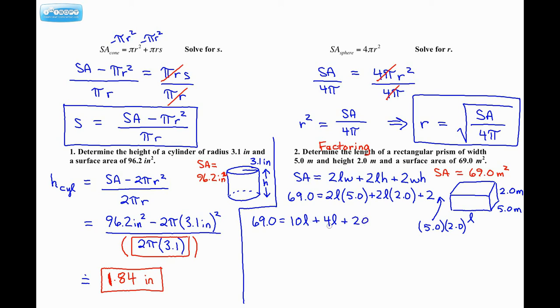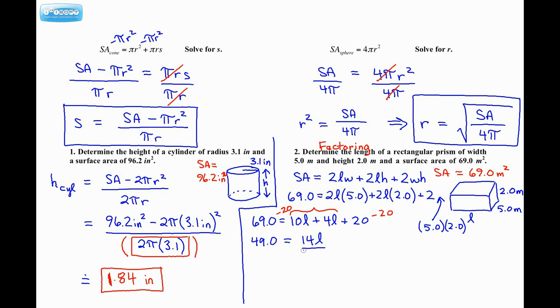But notice now I have two like terms. Okay? And you should know that 10L plus 4L is 14L. So I'm going to subtract this 20 from both sides. So that's going to give me 49 equals 14L.